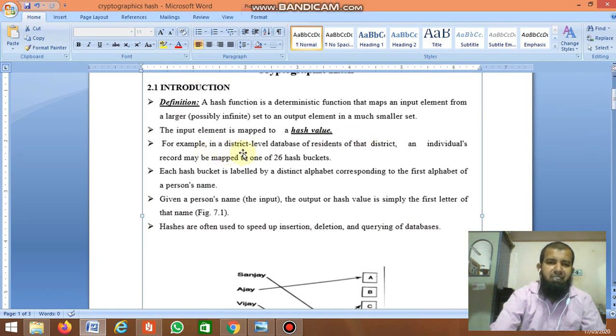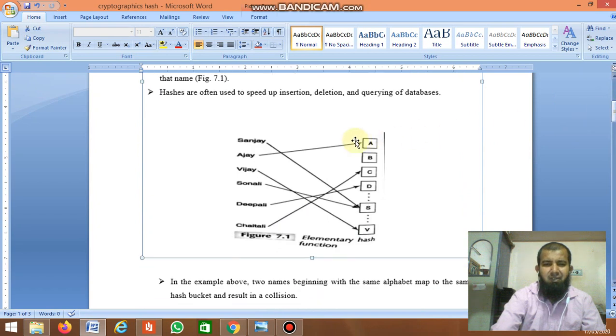For example, in a district level database of residents of that district, an individual's record may be mapped to one of 26 hash buckets. So in a district there are many people, and you have to map them to only 26 letters.